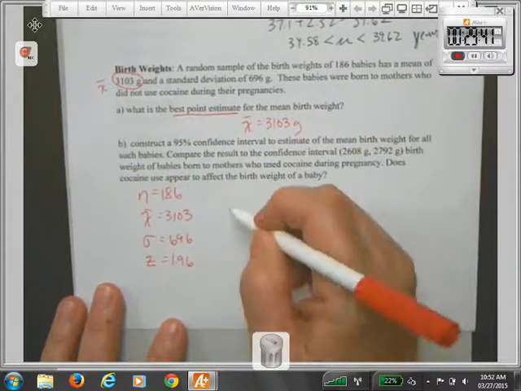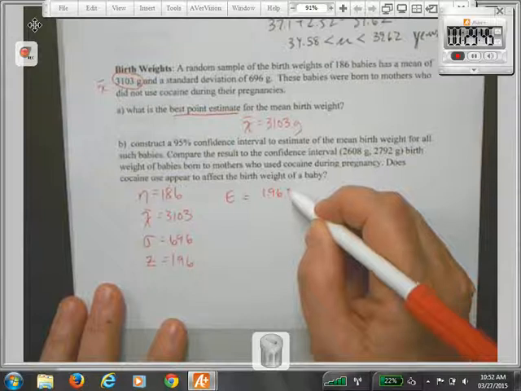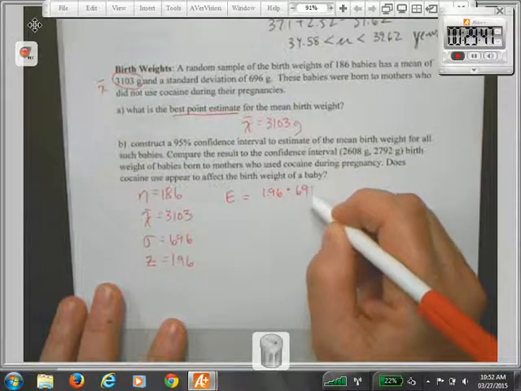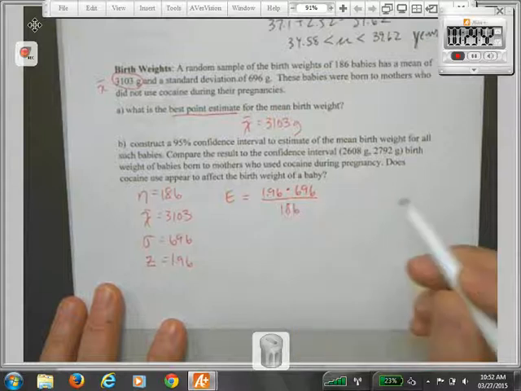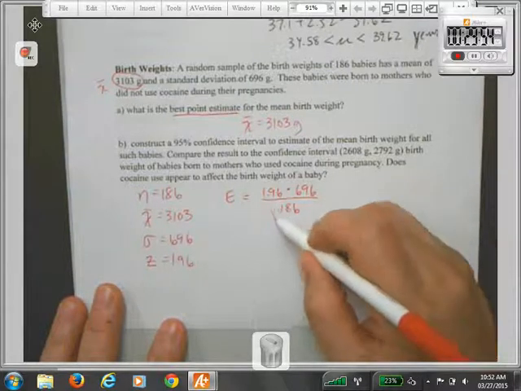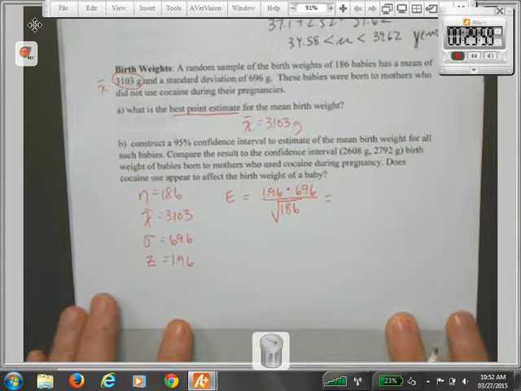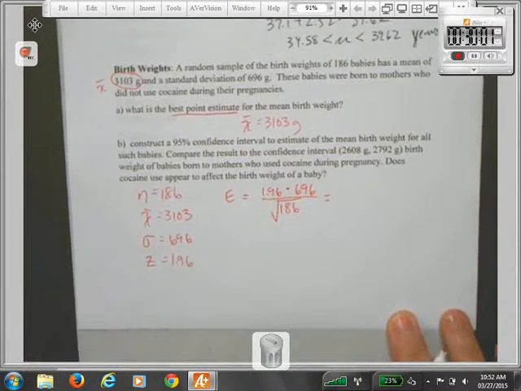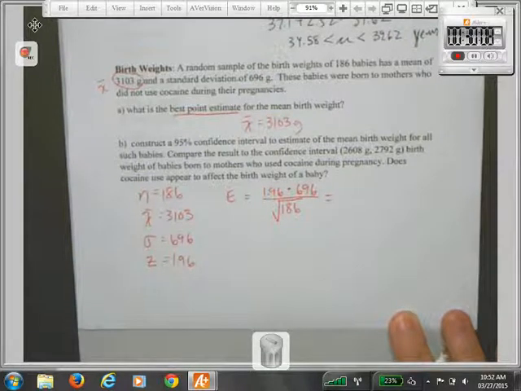Okay, finding our margin of error first, 1.96 times 696 divided by the square root of 186, which is close to 14.